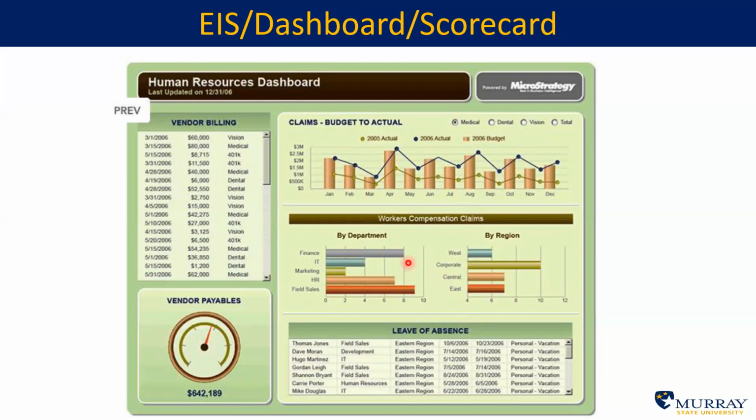So here you have compensation claims, claims budget to actual, vendor billings, leaves of absence that people file, vendor payables, and things like that. So it's like a dashboard that gives you a snapshot of how much benefits the workers are drawing through, I guess, the health insurance arrangement that this company has.